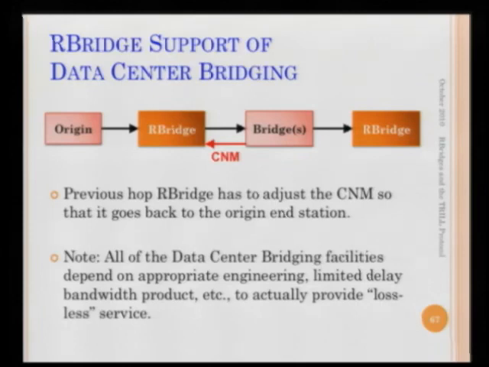So the only change in TRILL necessary for supporting data center bridging is to recognize those frames, to allow the congestion notification tag in the encapsulated frame, and to recognize a congestion notification message generated as shown on this diagram, and adjust it so that it's a congestion notification message back to the original source of the flow within the congestion domain, causing the appropriate constraints on the original generation of frames in that flow to relieve the congestion. All this congestion notification and data center bridging assumes you have appropriate limits on the delay bandwidth product and do appropriate timing engineering and so forth.